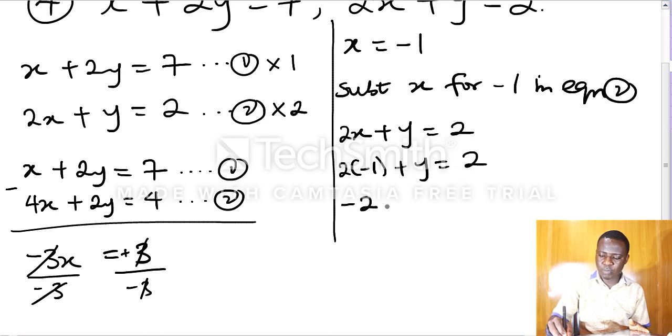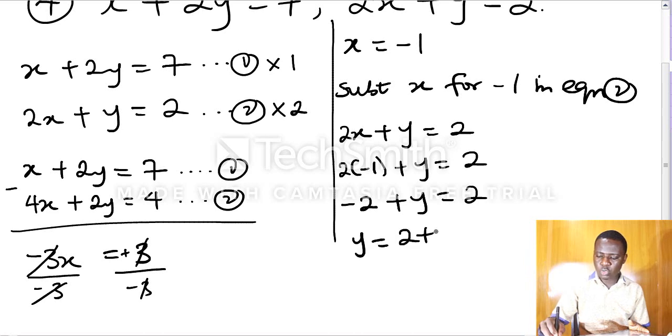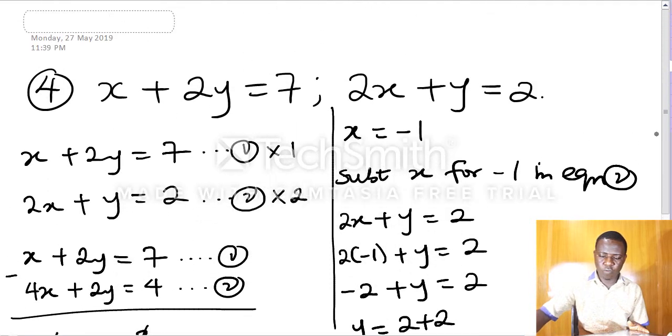This becomes minus 2 plus y is equal to 2. Making y the subject of the formula by adding 2 to both sides gives us y to be equal to 2 plus 2. And 2 plus 2 is said to be equal to 4. So x is equal to minus 1 while y is equal to 4.